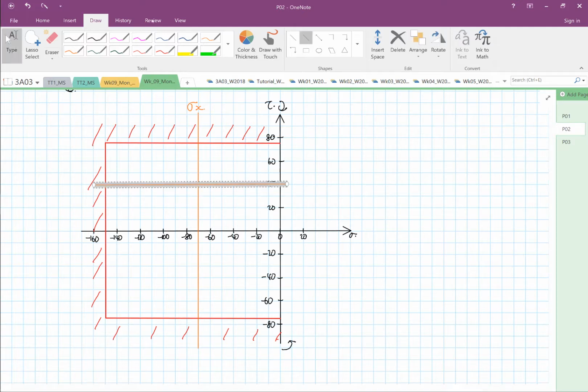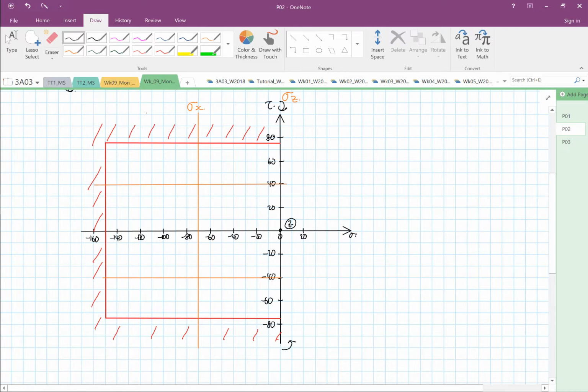Shear 40. And then we are very sure that stress Z is over here. So this is our Z location.